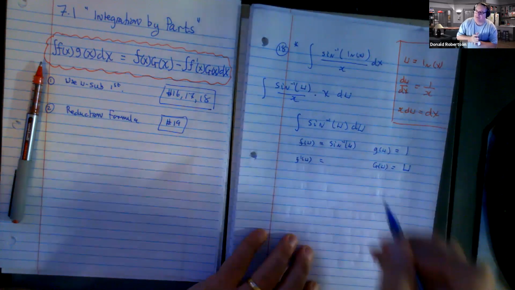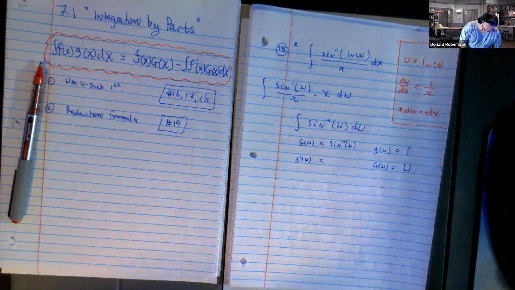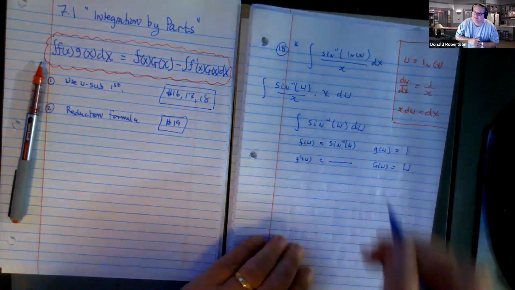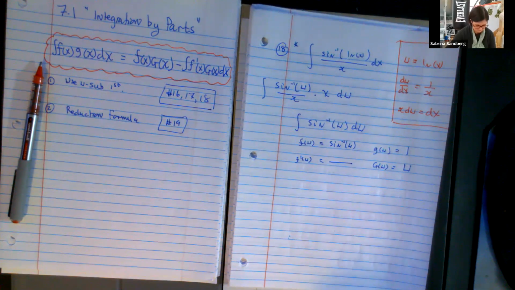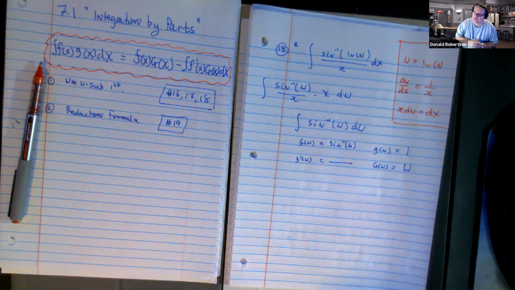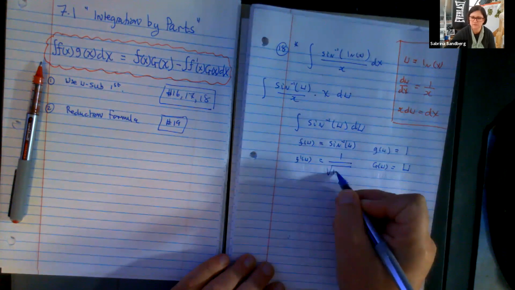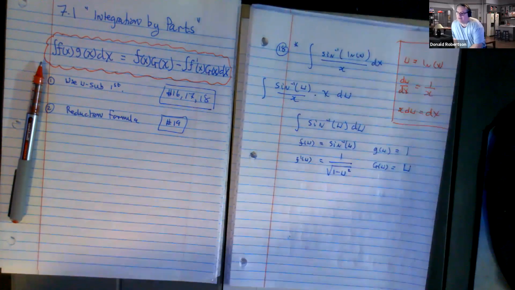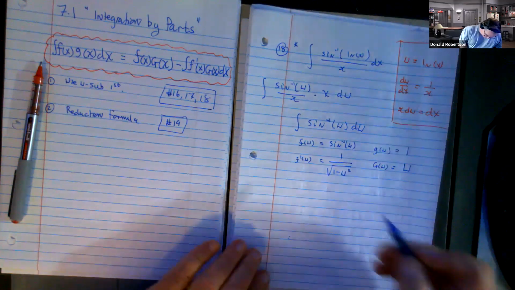Okay, cobweb time. Derivative of inverse sine of u. I think we did inverse cosine yesterday, so it's not that different. Inverse sine of u gives 1 over the square root of 1 minus u squared. So we're good.